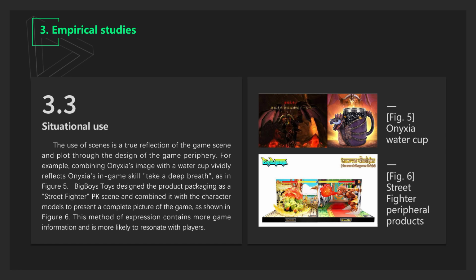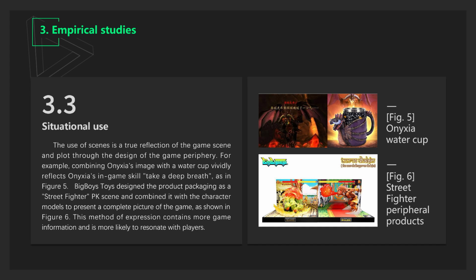Situational use is a true reflection of the game scene and plot through the design of the game peripheral. For example, combining Ouya's image with a water cup vividly reflects the character's in-game skill, Take a deep breath, as in Figure 5.